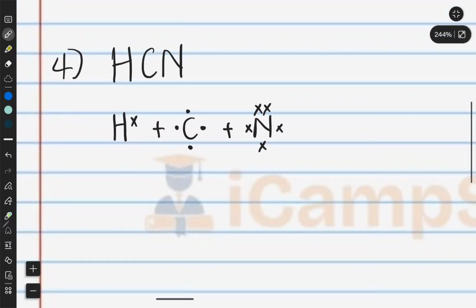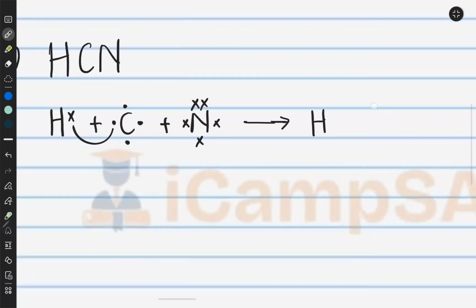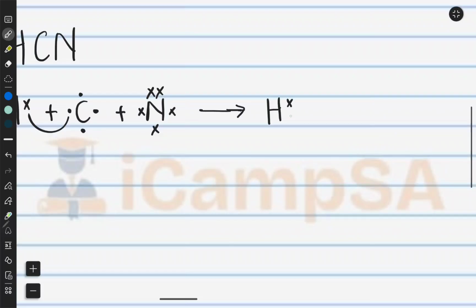Okay, so how would this work? You would find that H would take one of these single electrons that are surrounding carbon. So you'll have H and carbon forming one bond there.